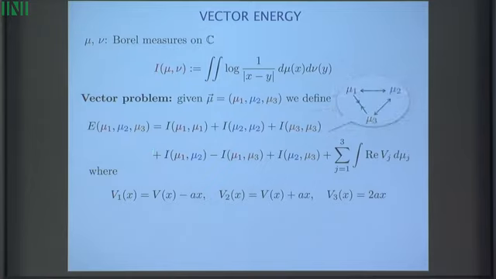It essentially tells you that from this set of three measures, mu1 and mu2 are mutually repelling. Mu2 and mu3 are also mutually repelling, but mu1 and mu3 are attracting each other. Right? So we have this complicated configuration of three measures, or if you want, charges, with three different signs or colors. And here, the external field is given.